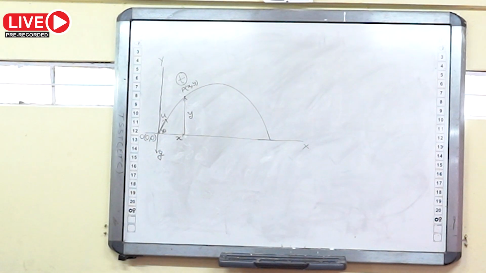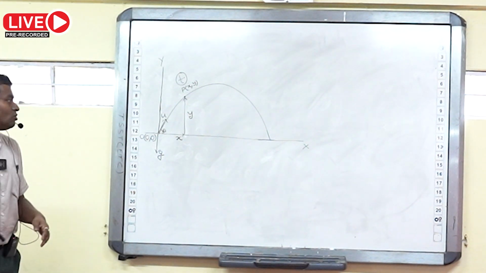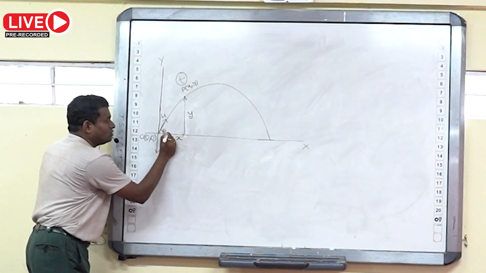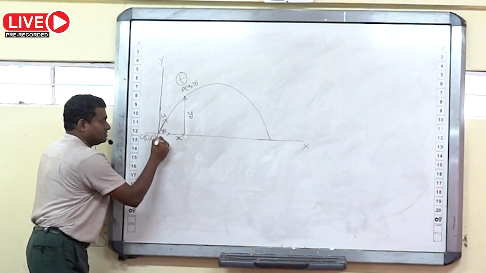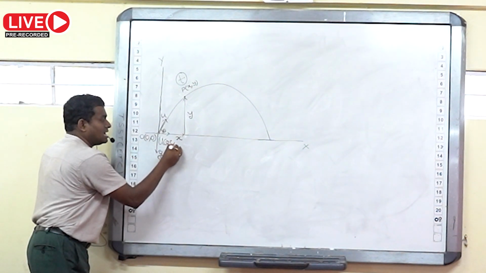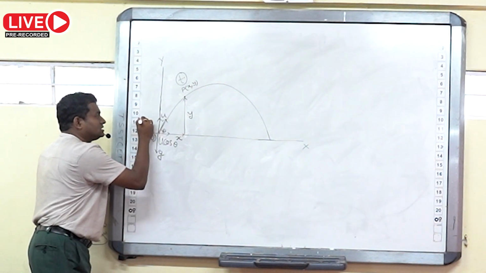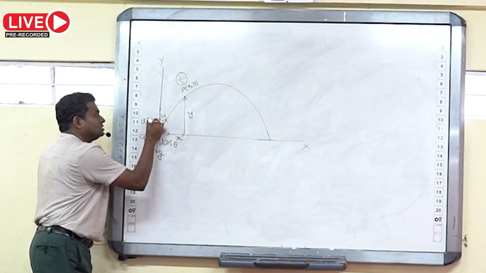So which vector has to be resolved, u or g? u in this case, because g is already along the negative y-axis, so no need to resolve g further. We will only resolve u. So one component of u is along this direction, that is u cos theta. Another component of u is along this direction, that is u sin theta.